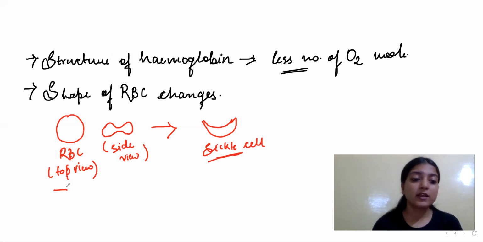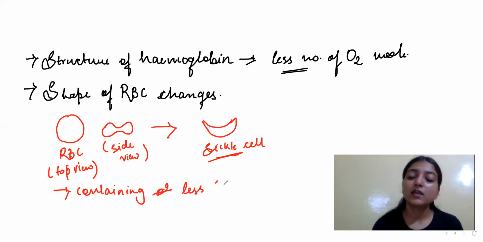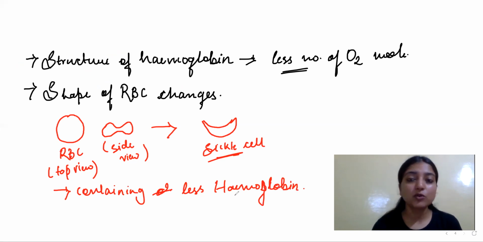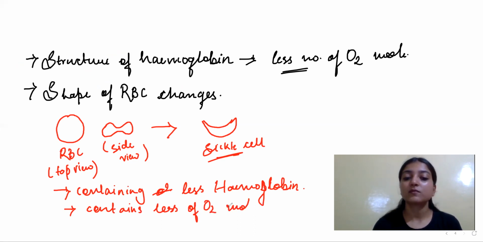Now, the RBC in the case of sickle cell anemia appears as a sickle cell, right? So in turn, obviously it contains less hemoglobin because of its shape, because of which it contains fewer oxygen molecules again, right?